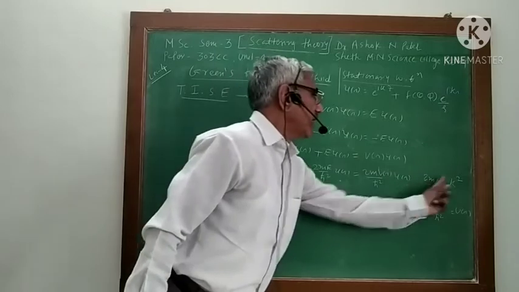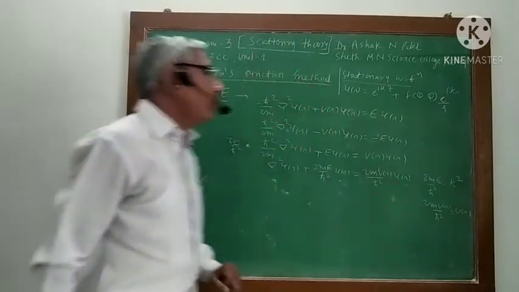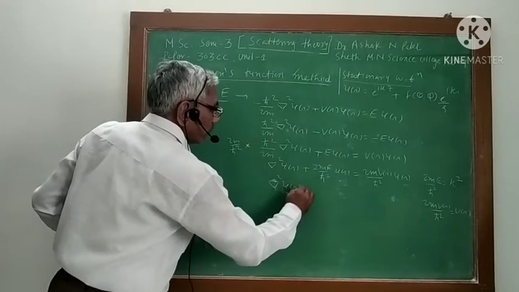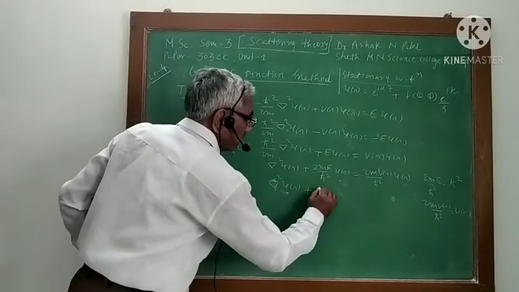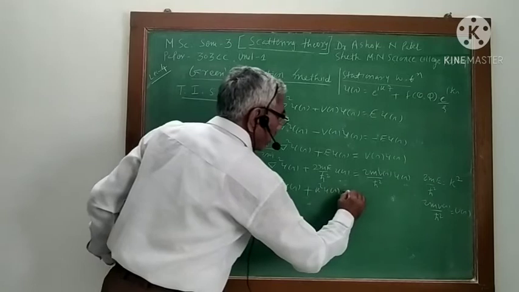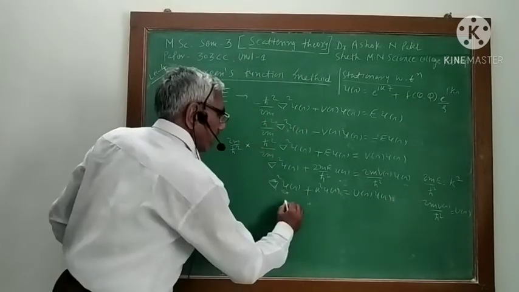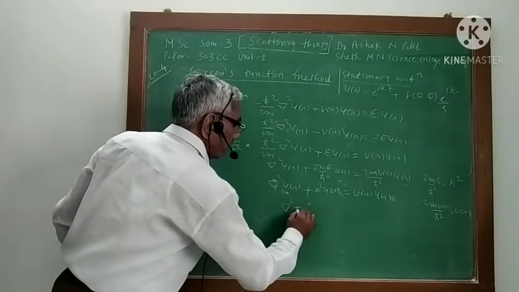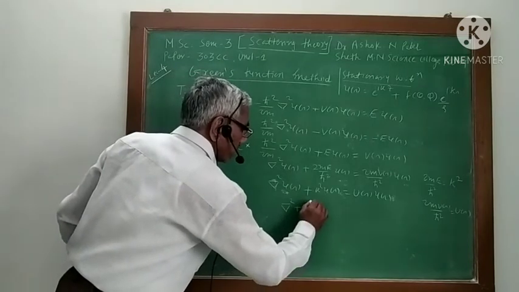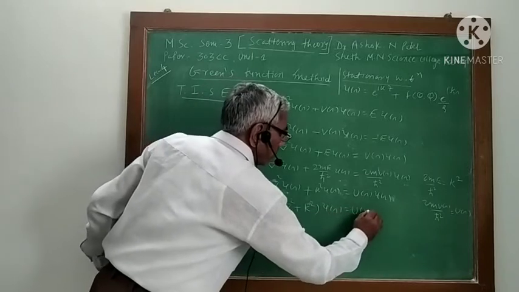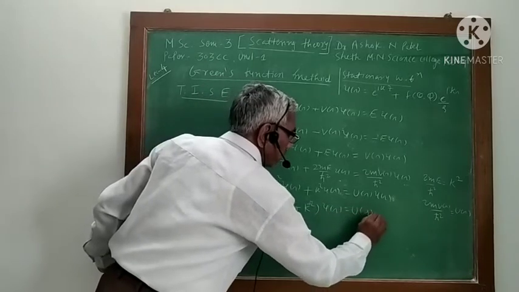For this term I write k², for this term I write U(r). In that case it is ∇²ψ(r) plus k²ψ(r) is equal to U(r)ψ(r). In another way, (∇² plus k²)ψ(r) is equal to U(r)ψ(r).